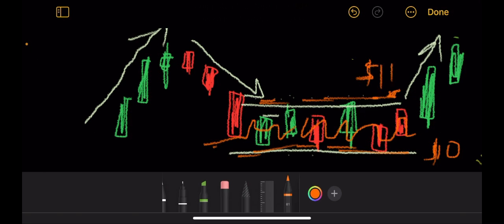So $10 to $11. Now, as time goes and you get stuck in a range, you can get stopped out a lot of times between here and there. So that would be a trap. Pretty much you're trapped in here.